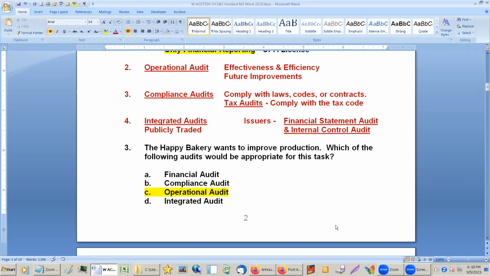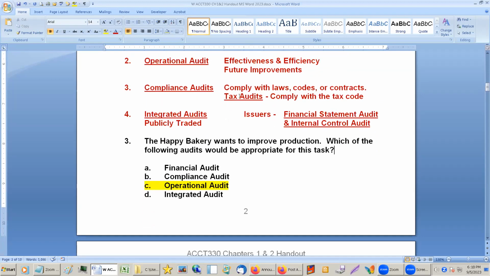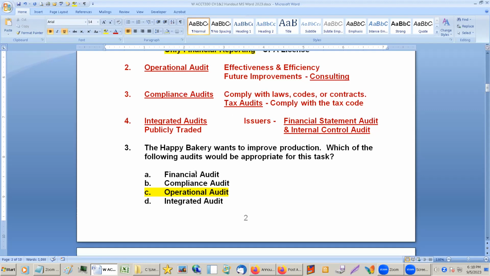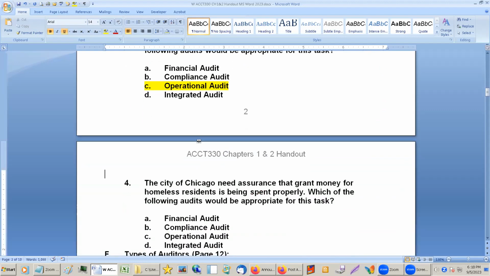By the way, we would call this consulting, we call this consulting when we talk about CPA firms. So say we wanna make our business better, and you say, okay, consulting will give you an operational audit.